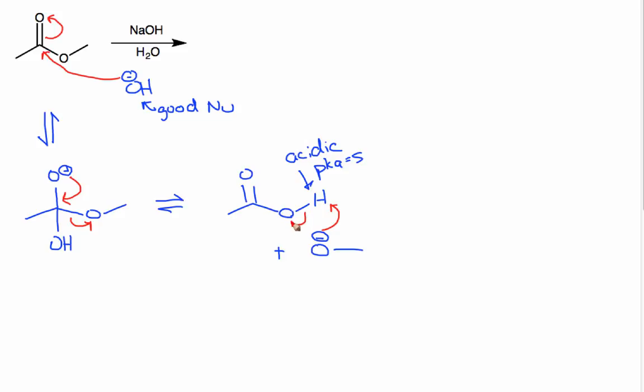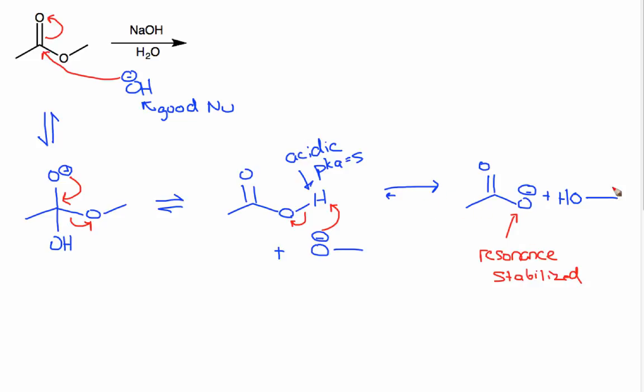So I can think about doing that. And this acid-base reaction is definitely going to favor going to the right. So I get O-, plus methanol. Now what I have here is a resonance stabilized anion. So this step really drives the reaction to the right.